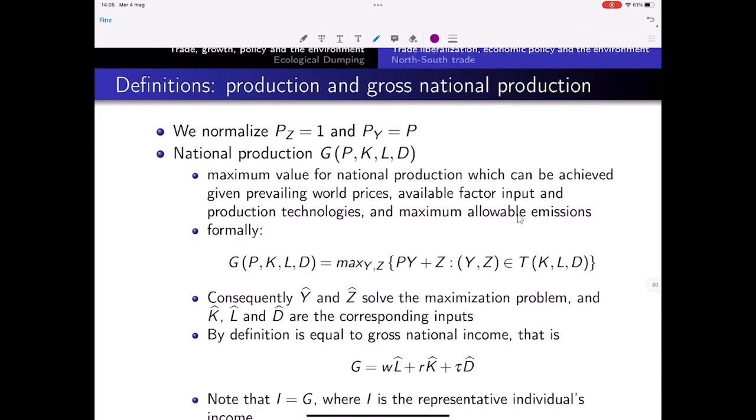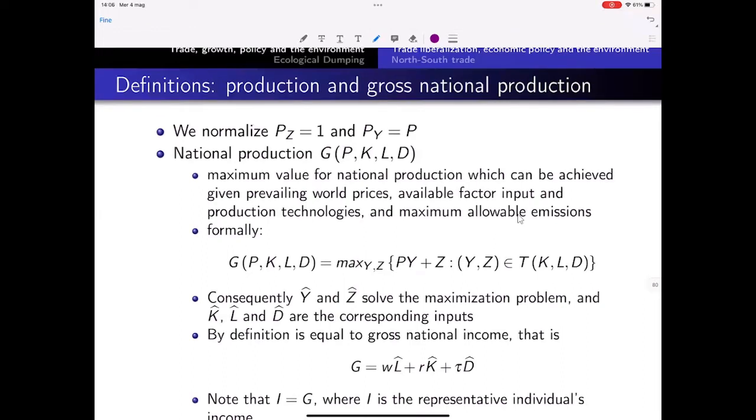Here you have two types of goods, Y and Z, two factors of production, and then there is pollution, which is D. K is capital, L is labor, D is pollution, Z is the labor intensive good, Y is the capital intensive good, and Y is the polluting good. Z is the clean good.